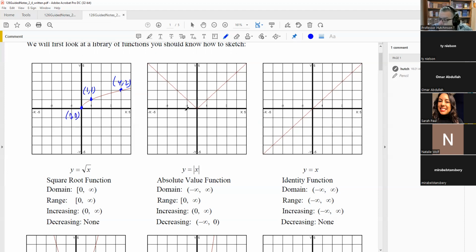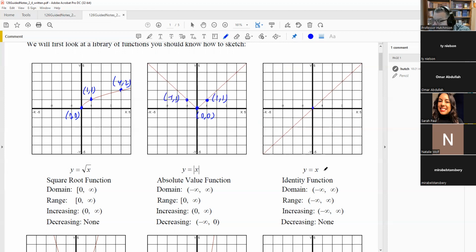The next one here is 0, 0, and it doesn't matter which one of these you use, but I'm going to use this one here as 1, 1, and this one here is -1, 1. So what I'm creating here is a list of points that the base graph has.